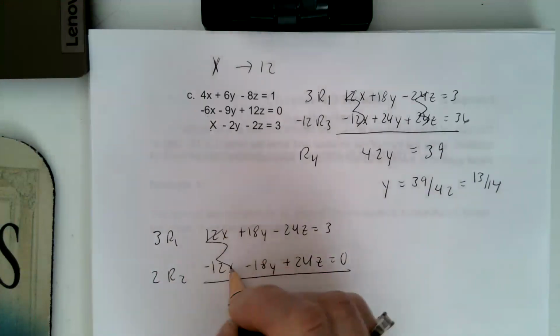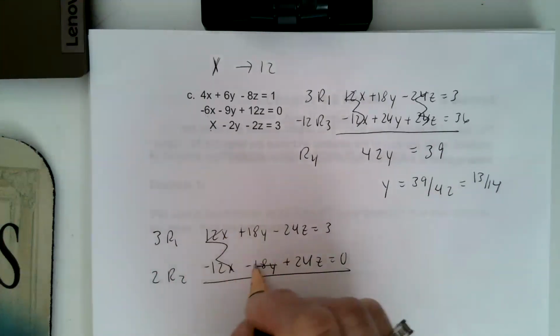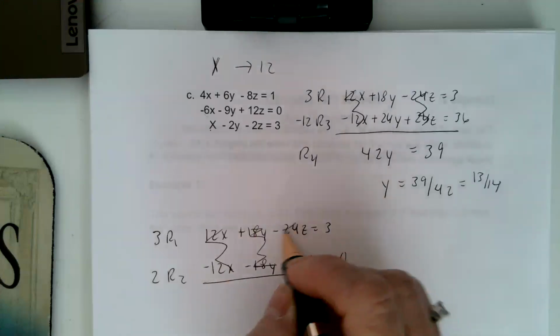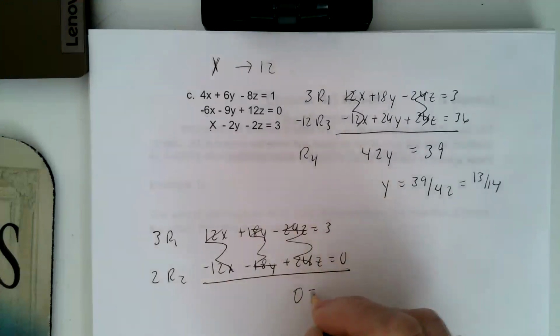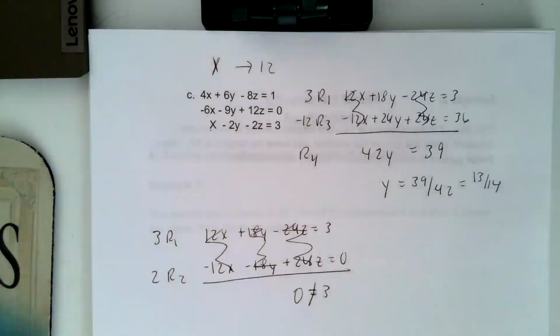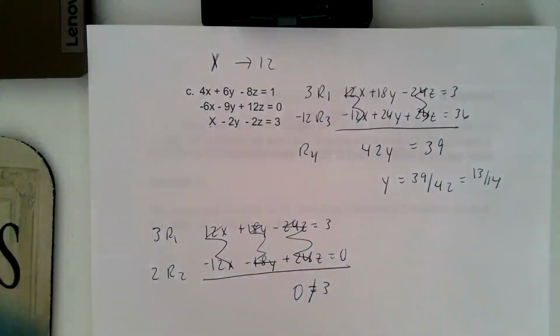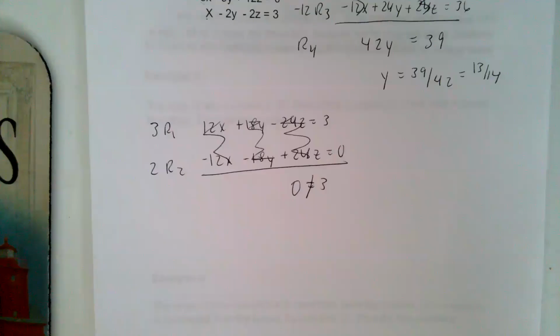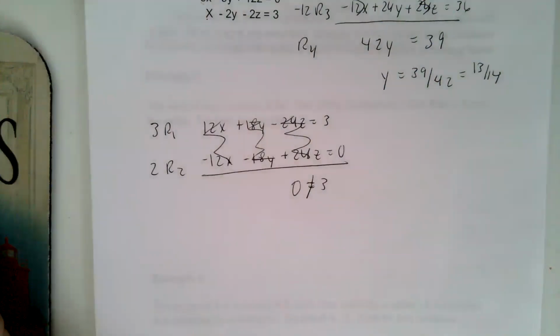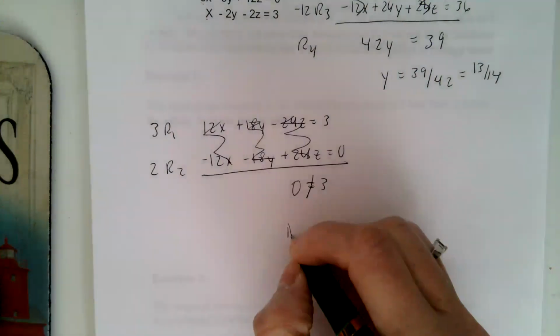And my X's eliminate, my Y's eliminate, and my Z's eliminate, and I get 0 equals 3, which is not true. So it appears that they are inconsistent because that's not true. So let's just write that down on our paper here. Inconsistent.